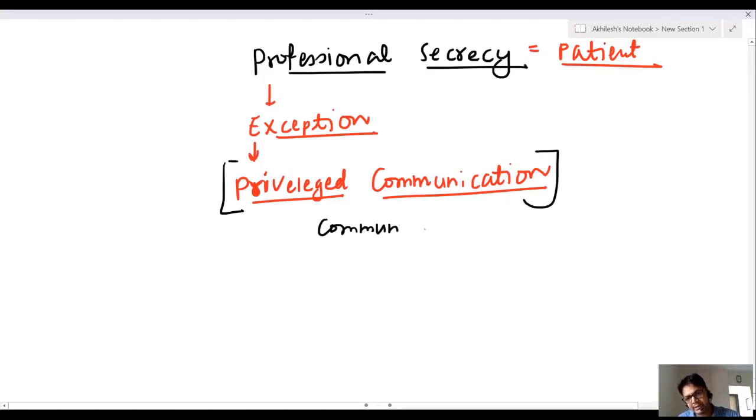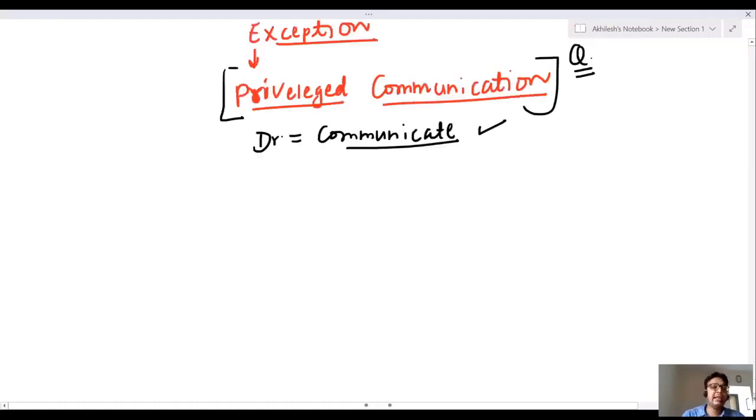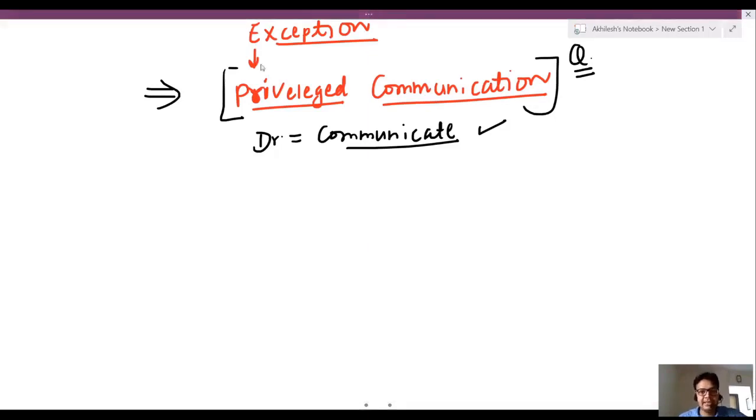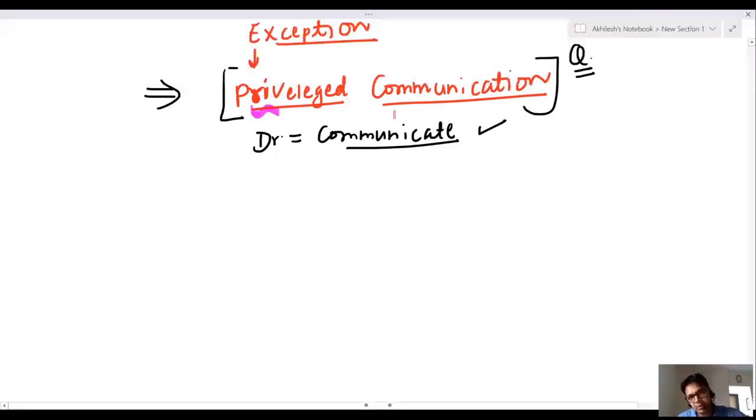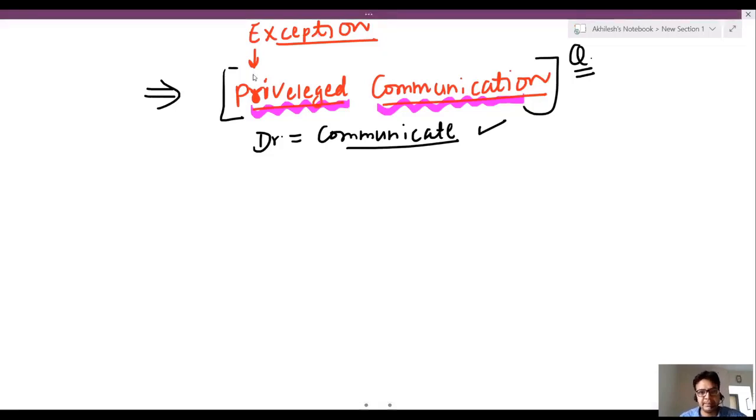In some cases, the doctor can communicate to someone. These are the examples of privileged communication. Now, sir, the question comes, what are the cases in which the doctor can communicate? I'm putting some examples. So my topic here is privileged communication.